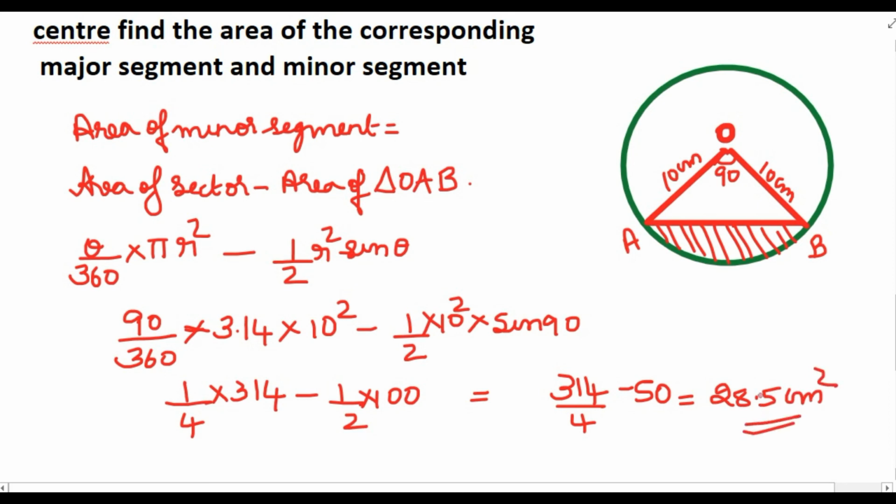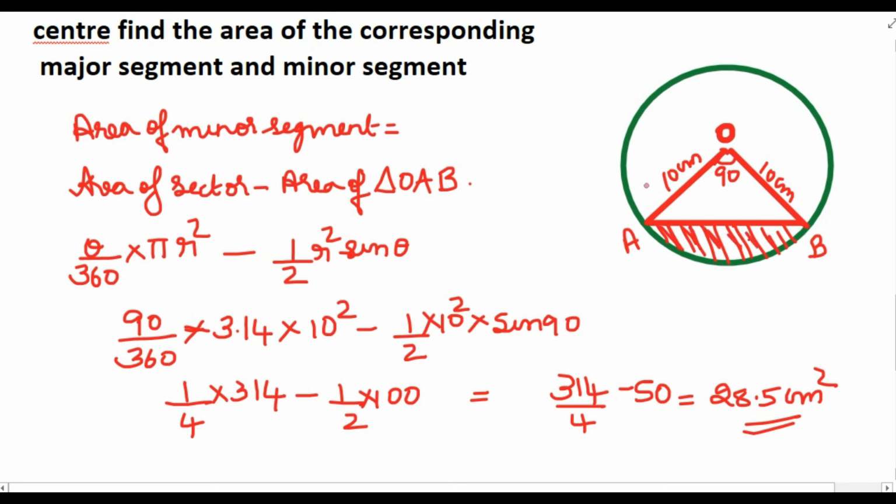28.5 centimeter square is the area of the minor segment. Now if you want to find area of the major segment, then the formula is area of the full circle minus this part.